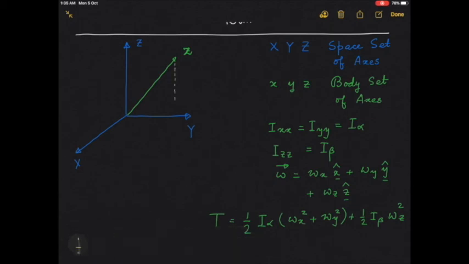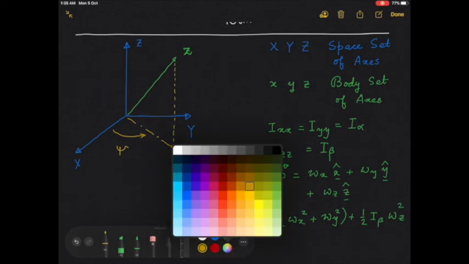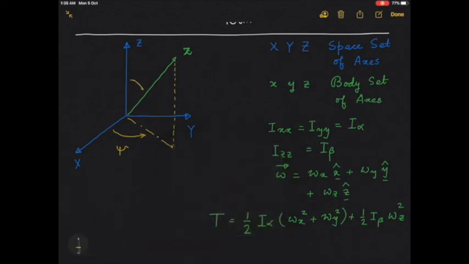And I can draw a perpendicular from that into this plane, and this angle I call psi. The two z axes also make an angle in between them. That angle I give a name. I call this angle theta.